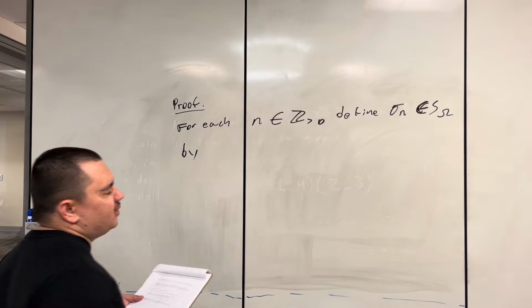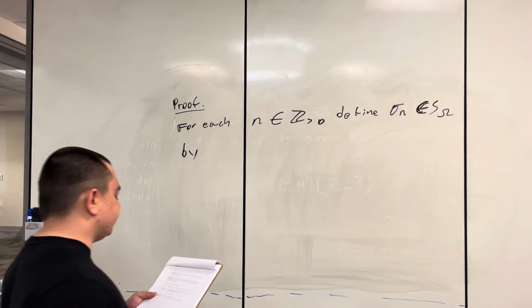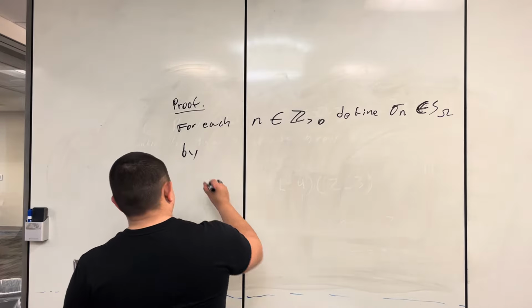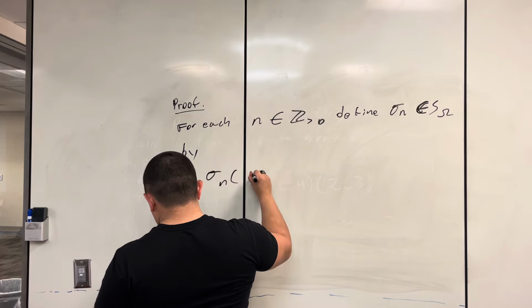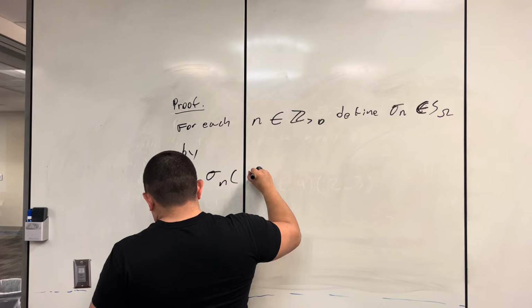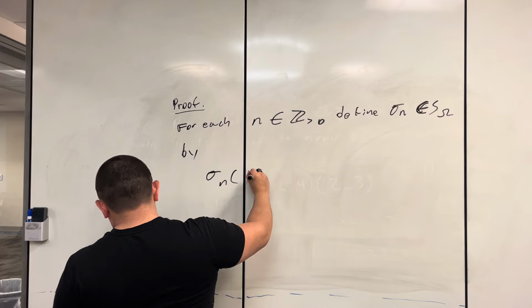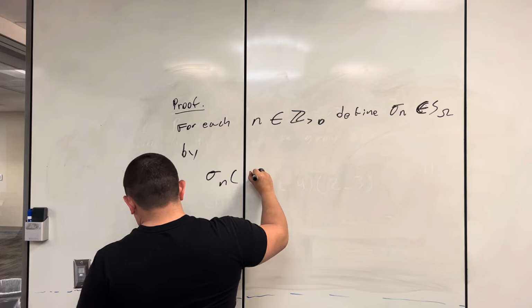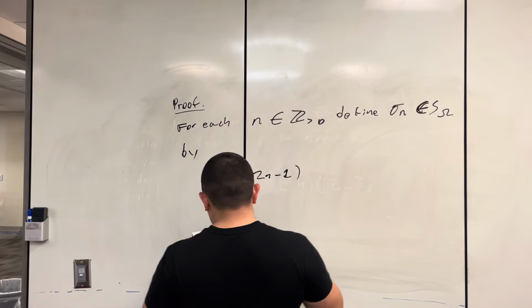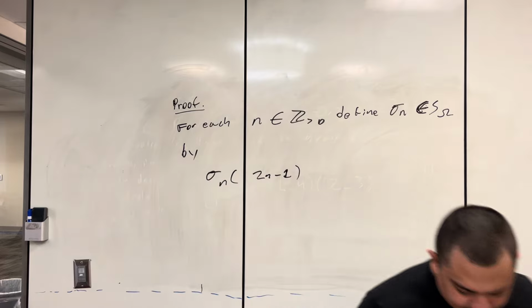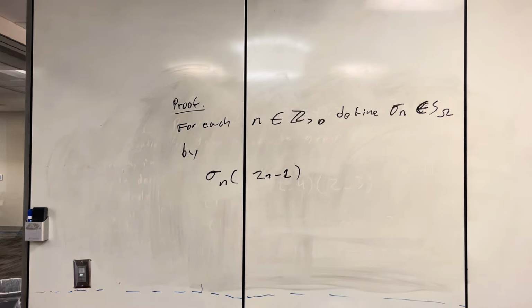Okay, so sigma sub n of 2n minus 1. Think about this, because I'm trying to see that a bit more.